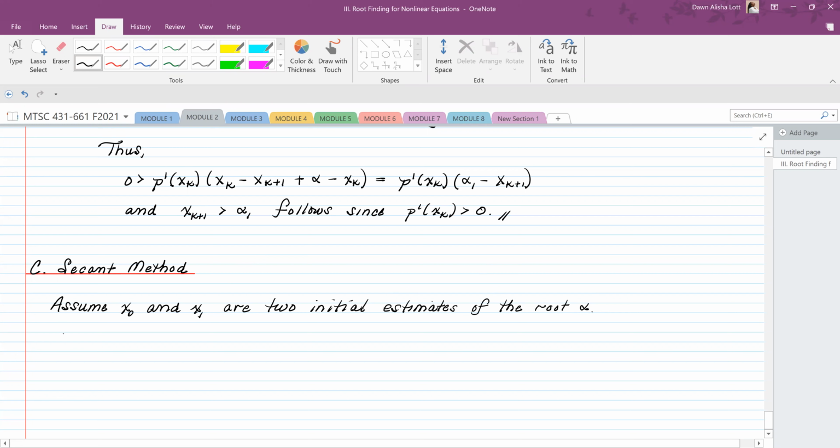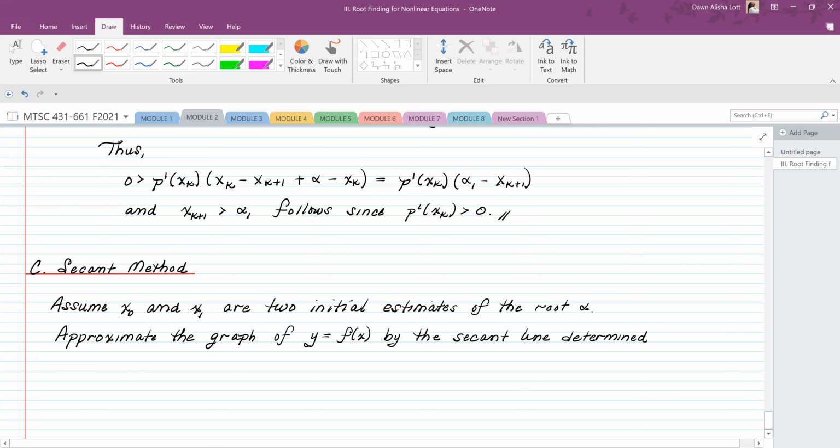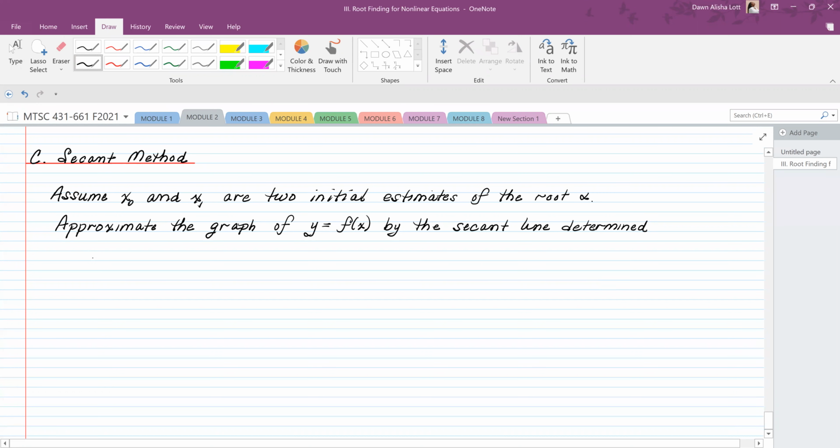We want to approximate the graph of y equals f of x by the secant line determined by the 2 initial points, x0, f of x0 and x1, f of x1.